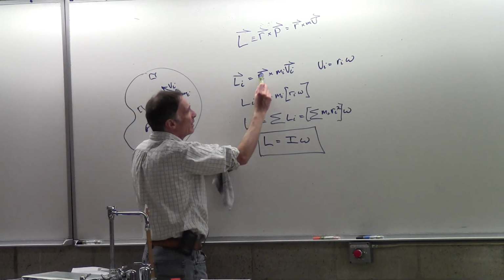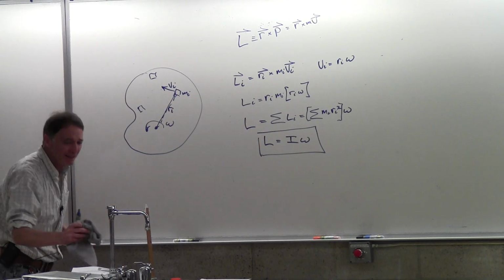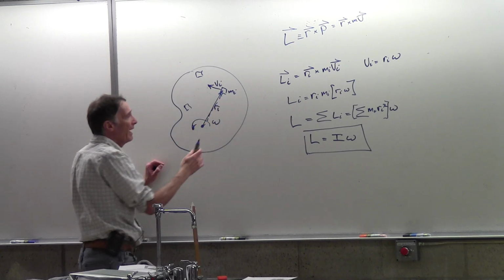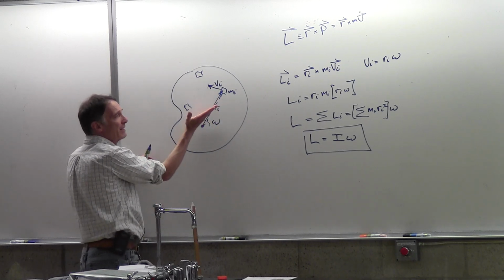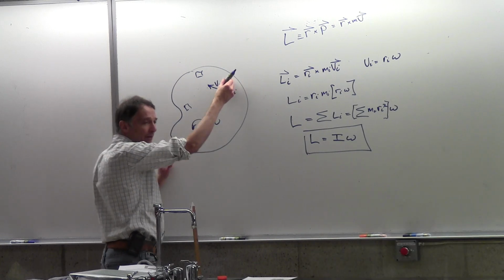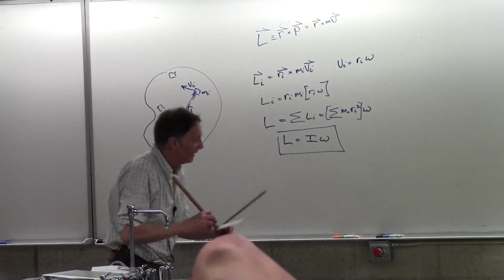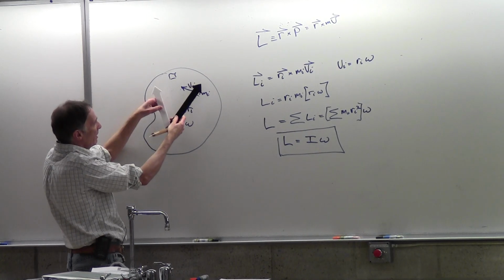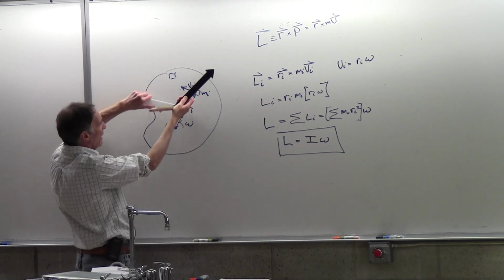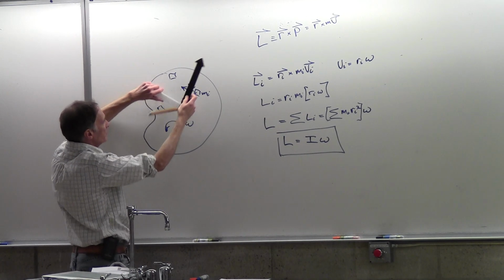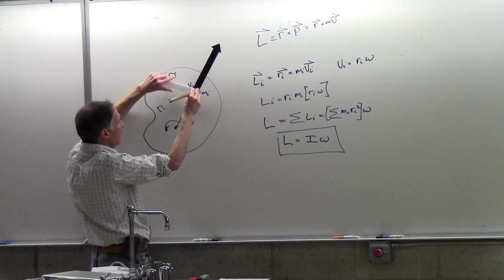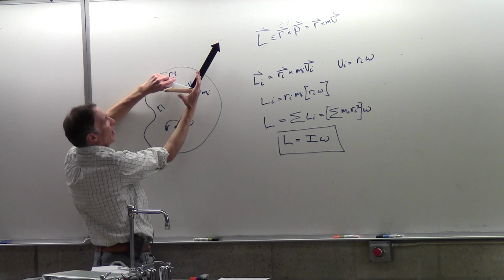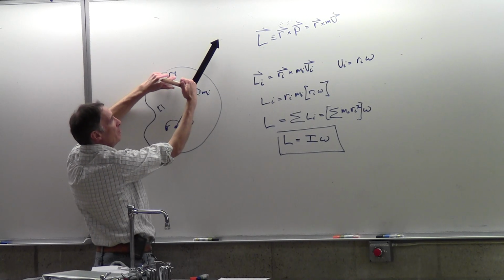Now, you'll notice I dropped out these vectors. We're not going to do anything real formal with this. Formally, if you've had some math in the cross product, we would say r sub i, we put those two together. Let's say r sub i is out to here. v sub i is going to be, I put them tail to tail, so r goes out here, v is in this direction, and then r cross v would be like this.